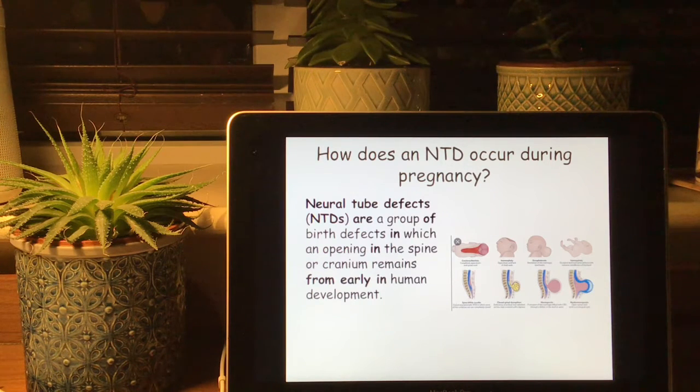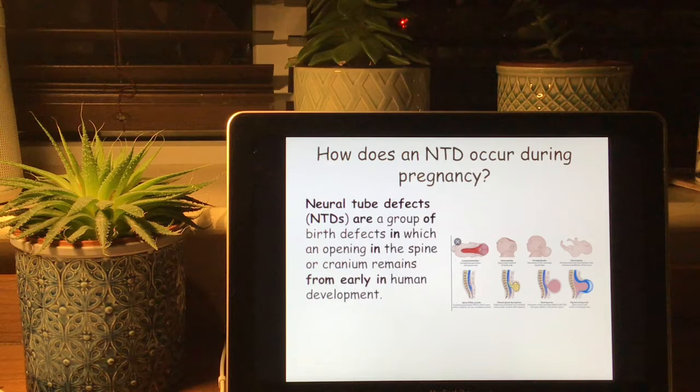Well, neural tube defects are a group of birth defects. There's spina bifida, anencephaly, and there's another one that's much more rare. And these names refer to birth defects where the openings in the spine or the cranium up near the brain remain open from early in human development.